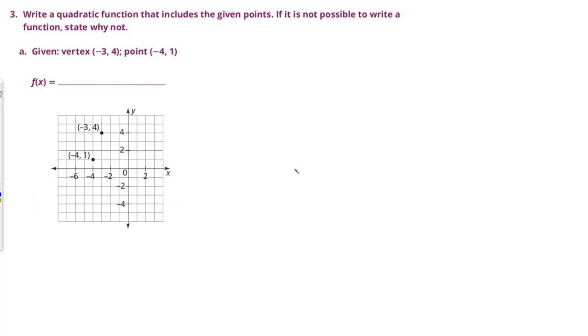So you're going to take this information and you're going to write your quadratic function, given that the vertex is here at -3, 4, and the point is at -4, 1.